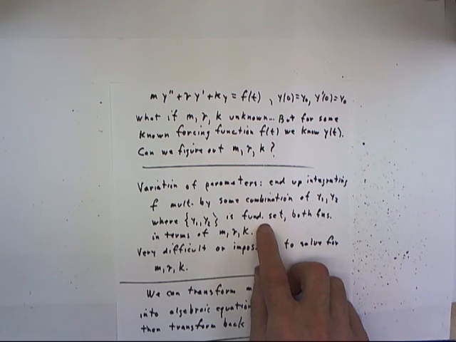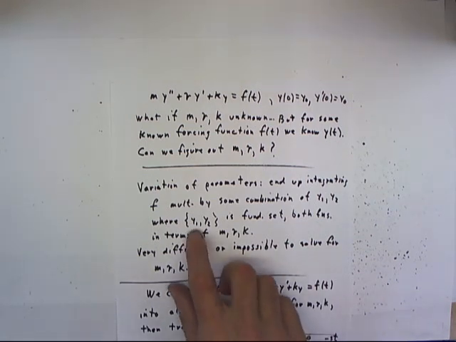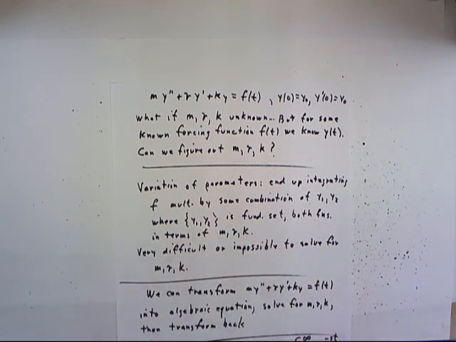And it even goes further than that. We're going to do that integral. We're going to multiply the result of that integral by some combination of y1 and y2. Didn't say that quite right, but you know the process.